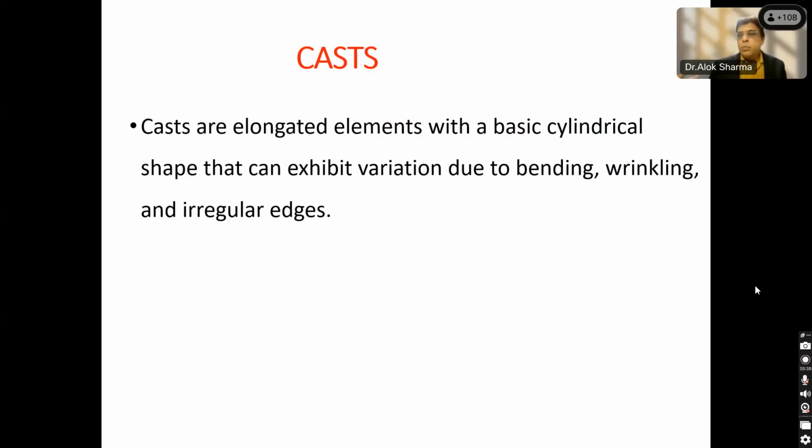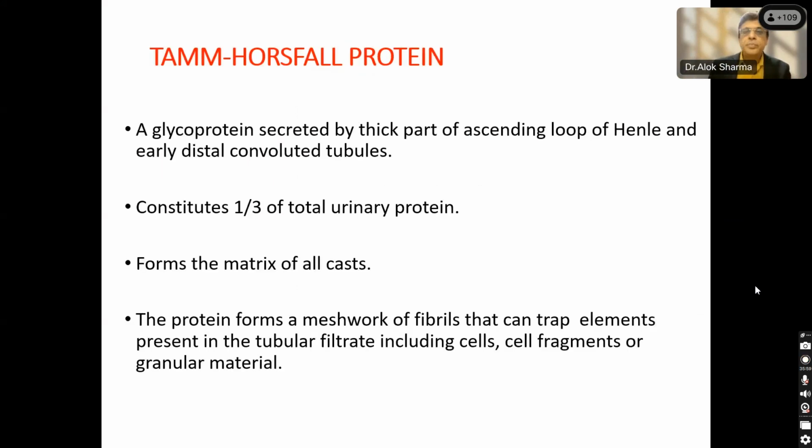Most of them have a cylindrical shape, and depending on where they are formed in the urinary tract, they will have various shapes. Because of bending, wrinkling, and various morphological alterations they undergo when passing through the urinary tract, they can have various morphology. But the common theme is that most of them are cylindrical and elongated in appearance.